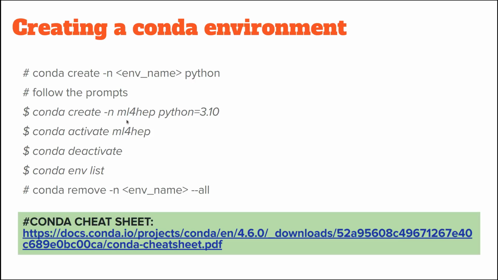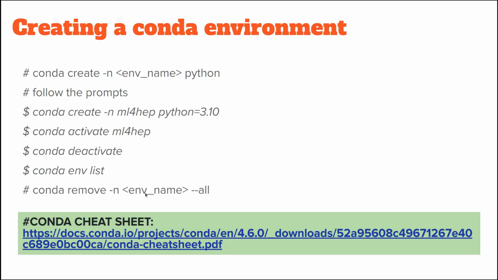After this environment is created, to work in that environment, we need to activate it, which we do by this command, conda activate and the name of your environment. And after you are done, you can close that environment by conda deactivate. Some other commands: you can do conda env list, and this should tell you the list of all the environments that are on your system.